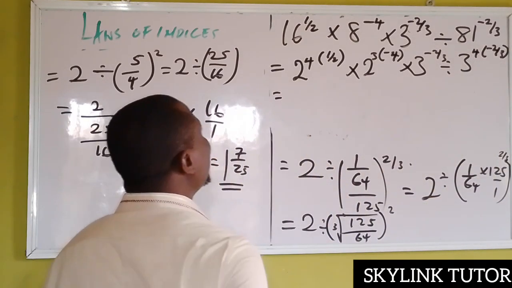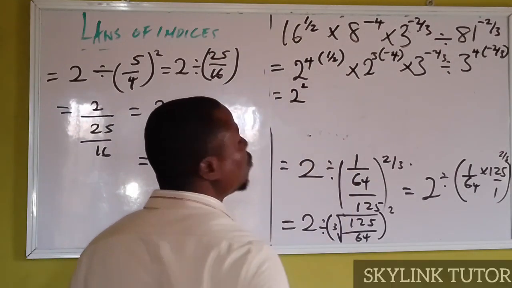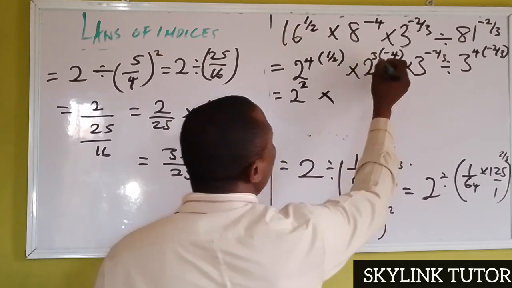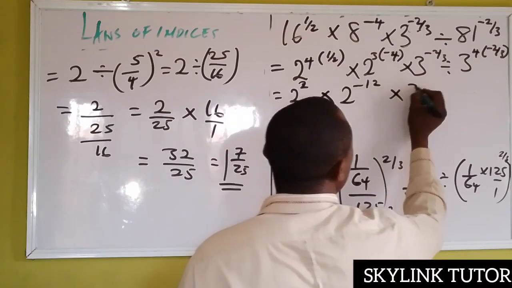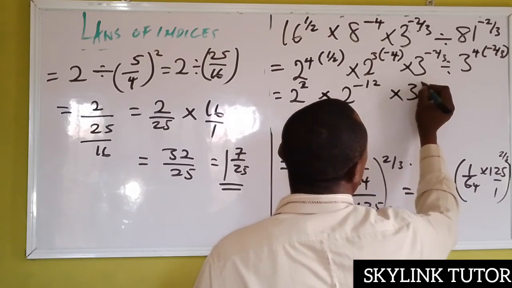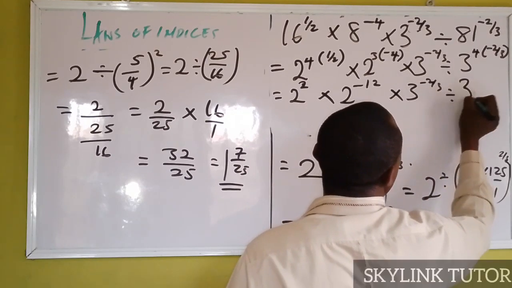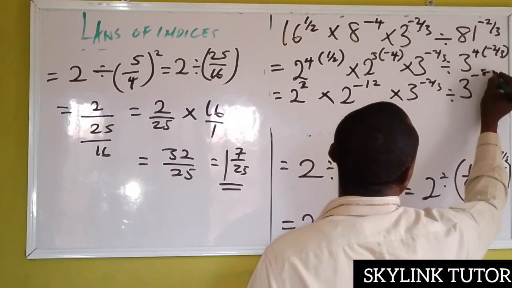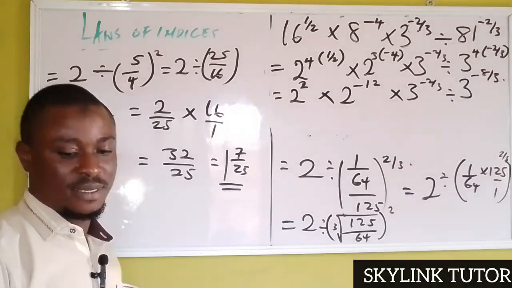So this becomes 4 times half, which is 2. This one is 2 raised to the power minus 12. This one is 3 raised to the power minus 2 over 3. Then this one is 3 raised to the power minus 8 over 3. I guess we are still making sense there.